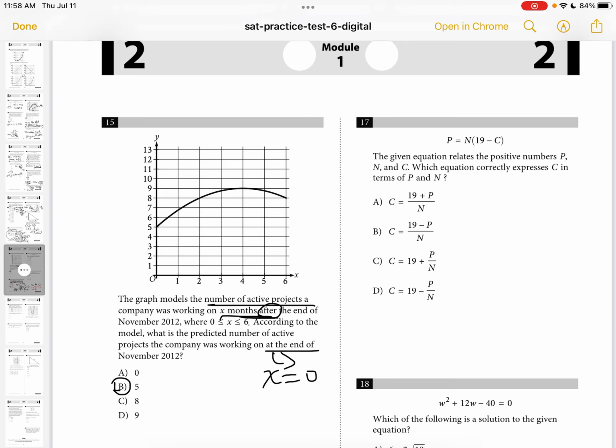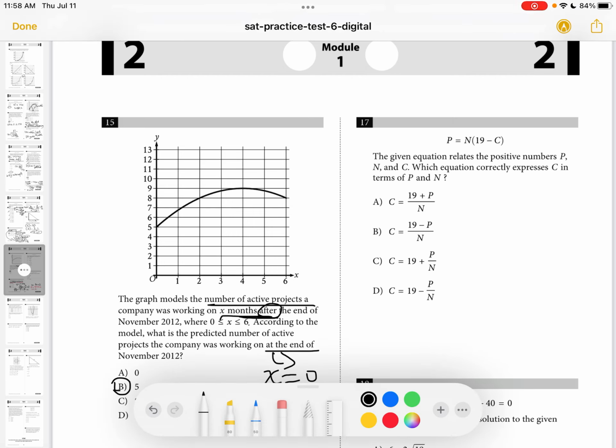Alright, number 17. The given equation relates the positive numbers p, n, and c. Which equation correctly expresses c in terms of p and n? Okay, so we want to isolate c. So what I'm going to do is expand this term to get a term with c alone, right?